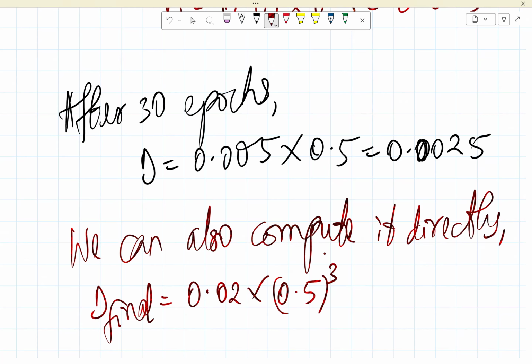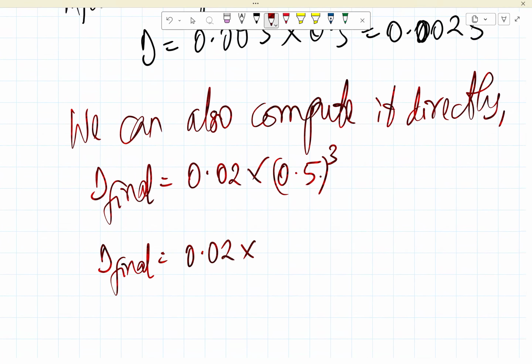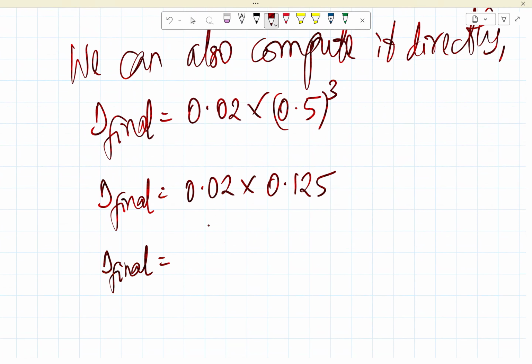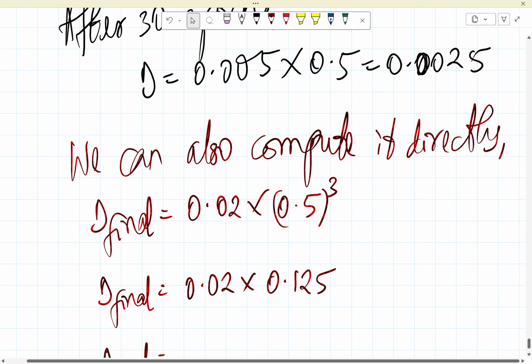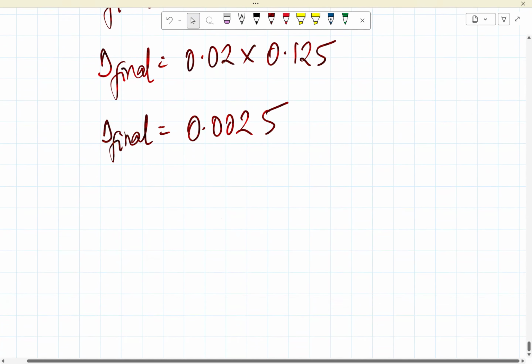After 30 epochs, that's the third reduction, so eta final will be 0.02 times 0.5 times 0.5 times 0.5, that's 0.125. So eta final is equal to the same result that we got up there, that's 0.0025. And that's the final answer.